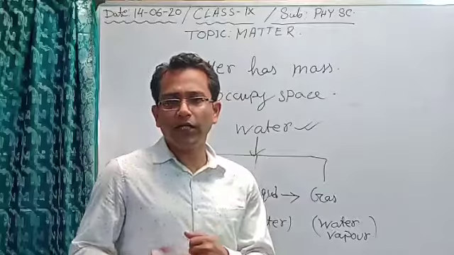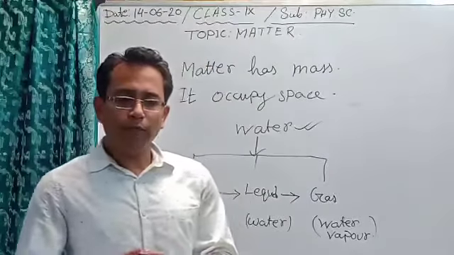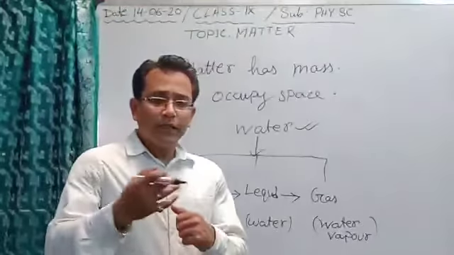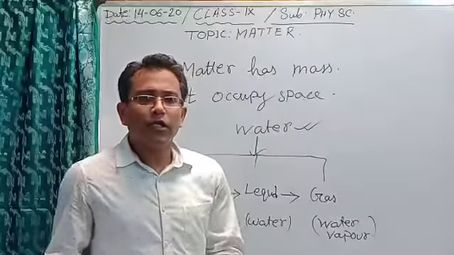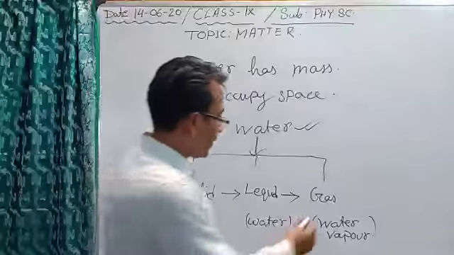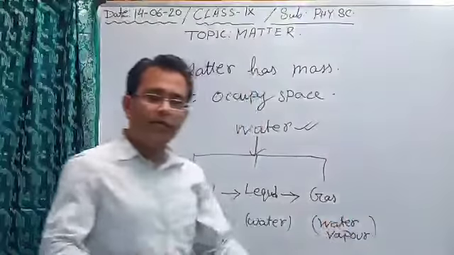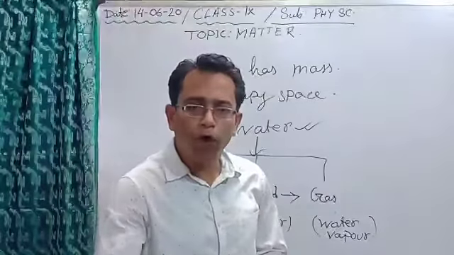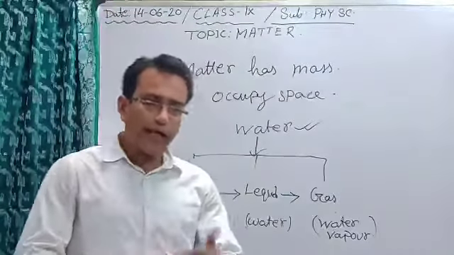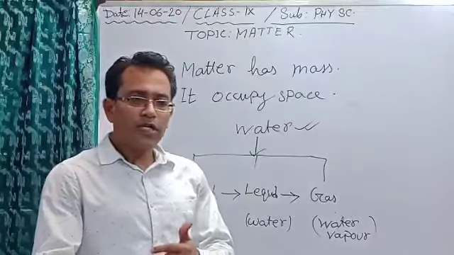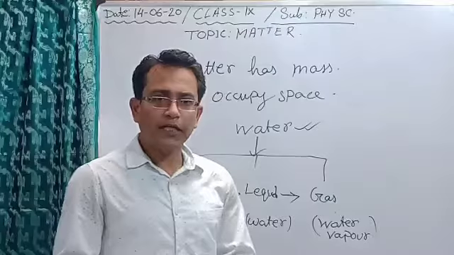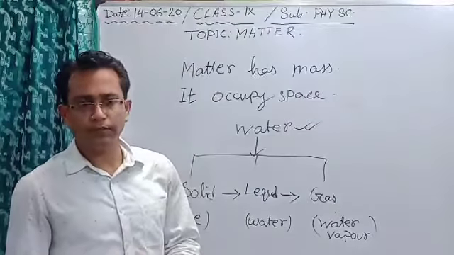Whenever the water starts to boil, after a few seconds or a minute, this water turns into water vapor, that is, into gaseous form. This transformation by applying heat is called evaporation.